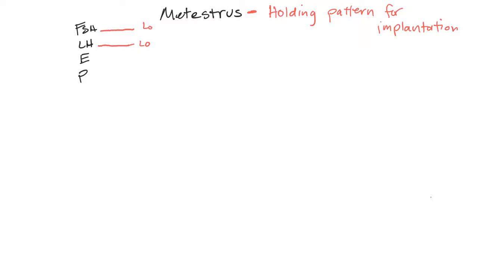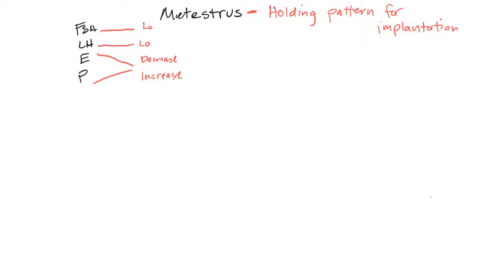So in metaestrus, though, estrogen is now going to decrease. And progesterone is going to now increase. Okay, so estrogen really acts like the preparatory hormone. What are we going to do to get ready for pregnancy? And progesterone then is the hormone that takes over once pregnancy occurs.